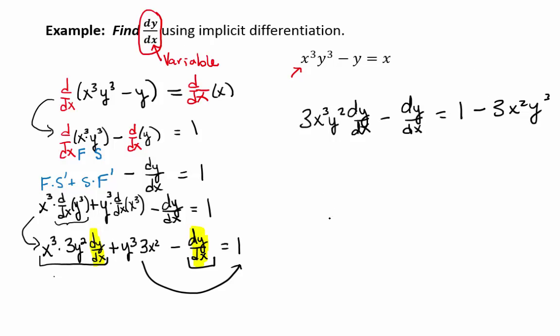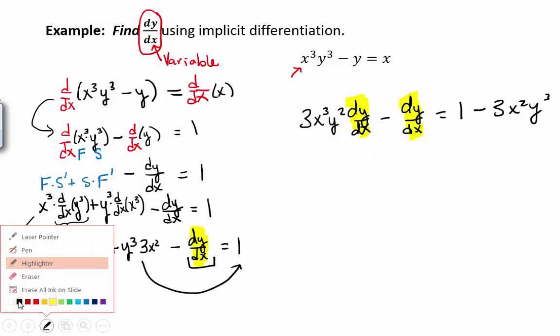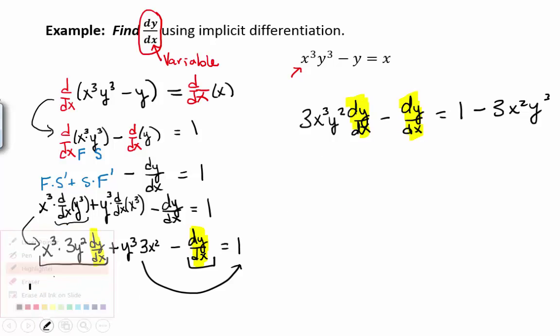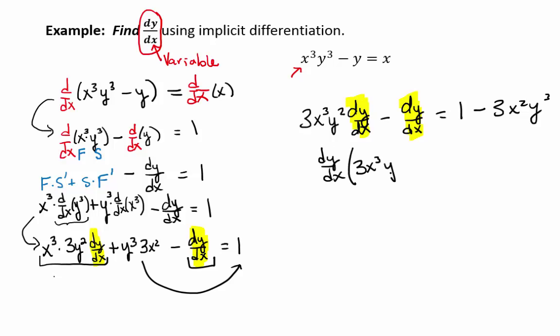Since dy dx appears twice, you have to do that little trick you may remember from algebra where you factor it out, so that it now only appears once. So you're going to have dy dx times 3x cubed y squared minus 1, good, equals 1 minus 3x squared y cubed. And then we're going to divide to get dy dx by itself.